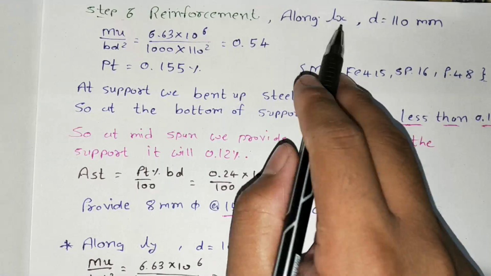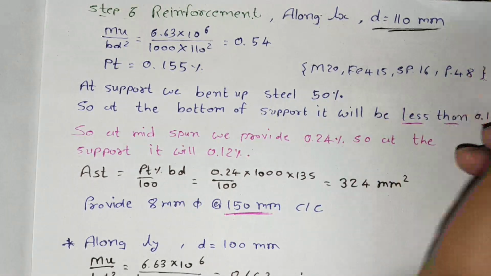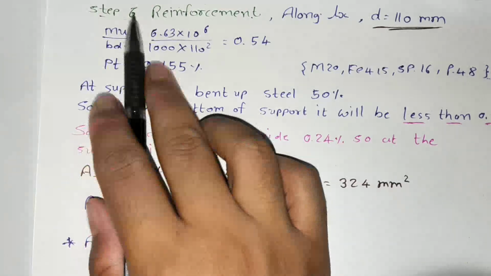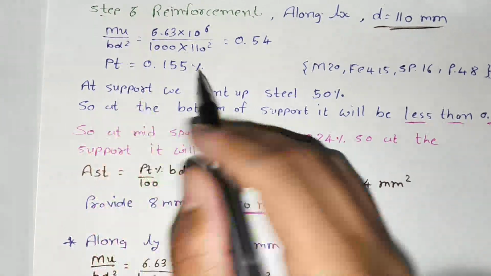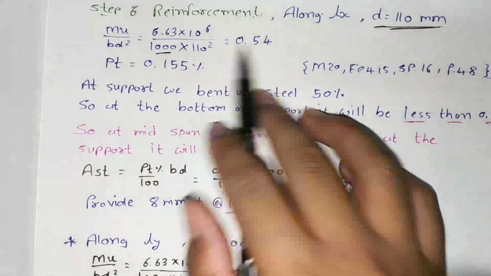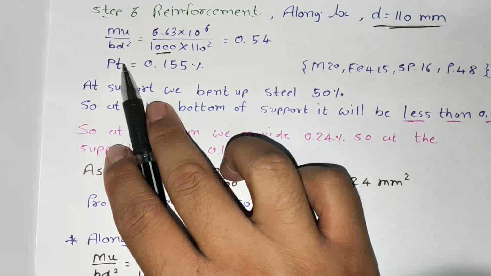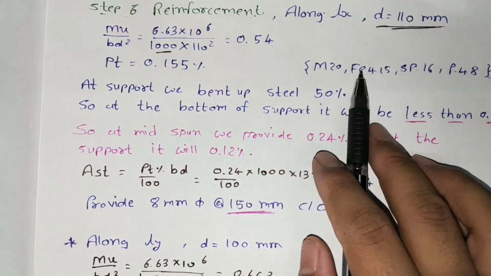First of all, we calculate along the Lx direction, and the depth will be 110 mm. So we'll calculate Mu by bd square. Here we use b as 1000 for the unit width. We got 0.54. Now we will calculate the pt. pt is given using M20 and Fe415, SP16 page number 40.